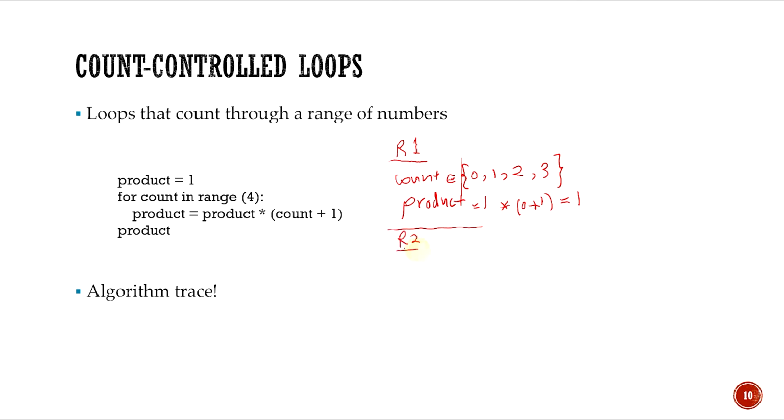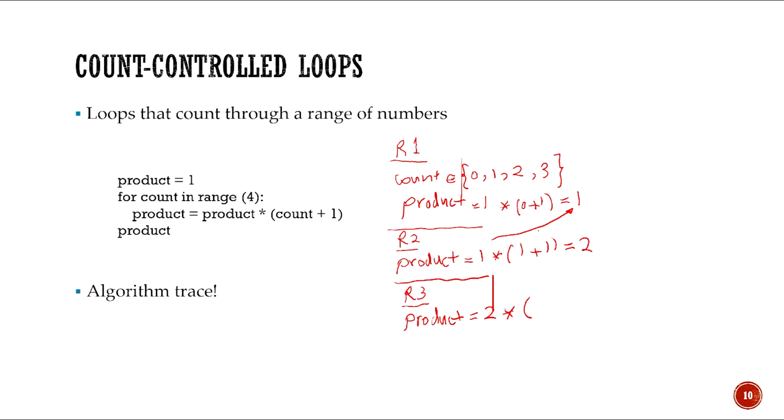In the second round, product is equal to 1 times count. Now count takes 1, 1 plus 1. So 2 times 1 is equal to 2. This is the end of the second iteration. Third round, product is equal to 2 times, now the new value for count is 2, I'm choosing from this set over here, 2 plus 1.